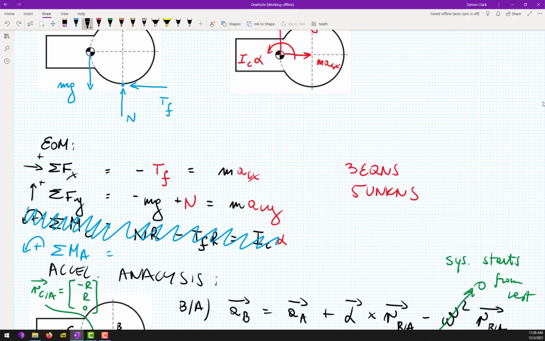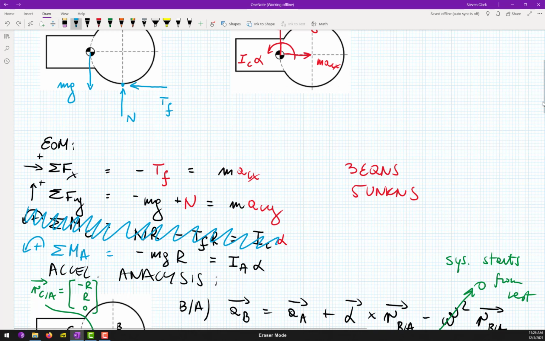So it will be minus mgr, I believe, and this will be equal to IA alpha. And here you must use the parallel axis theorem to find IA, yes? So if you want, you can solve that problem one more time using this approach, and you will end up with exactly the same answer. And by the way, why is this approach faster?